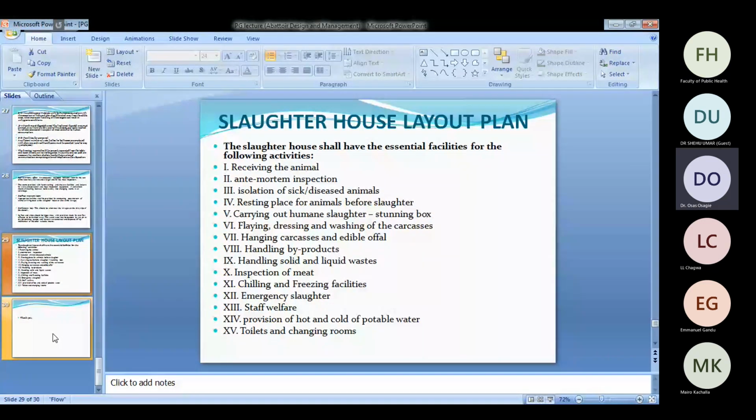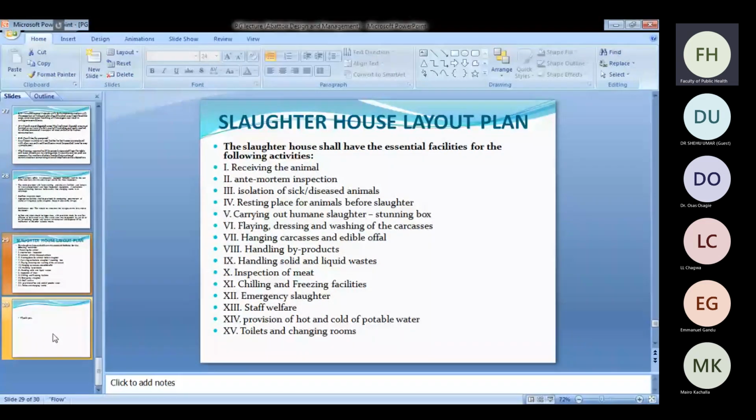Accidental, animal that has had an accident. When the animal is in pain, mercy slaughter. You want to be merciful to the animal, so you slaughter the animal to lessen the pain. So I expect you to know the conditions that warrant emergency slaughter of an animal when they are in pain.